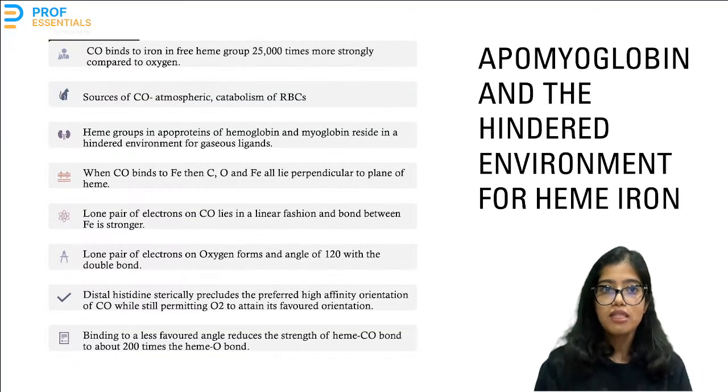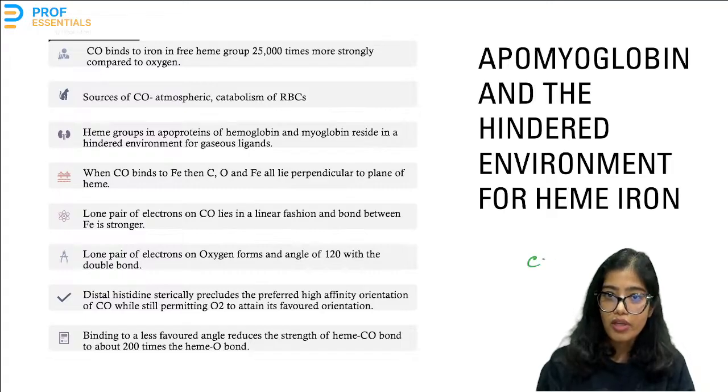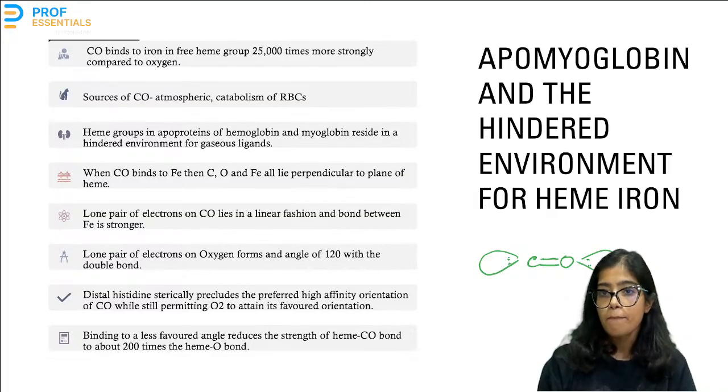So what happens is, in the carbon monoxide molecule, the lone pair of electrons present are linear to the double bond.